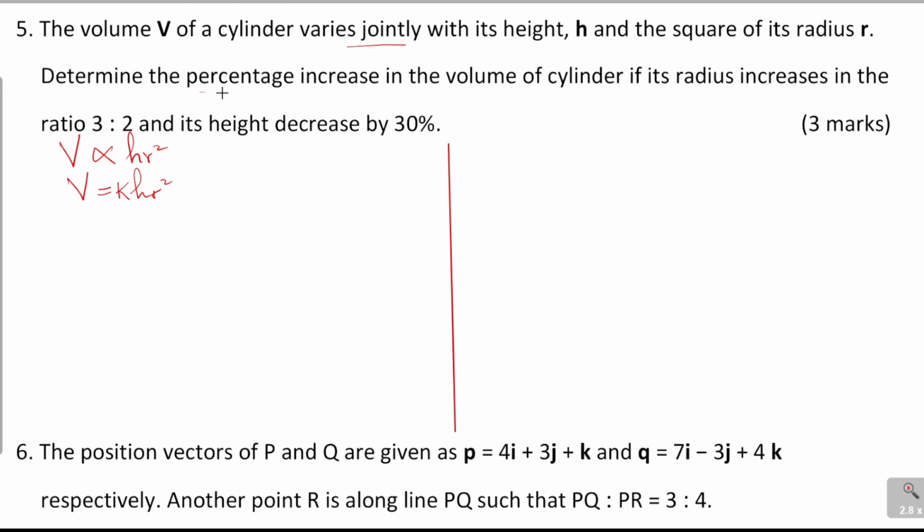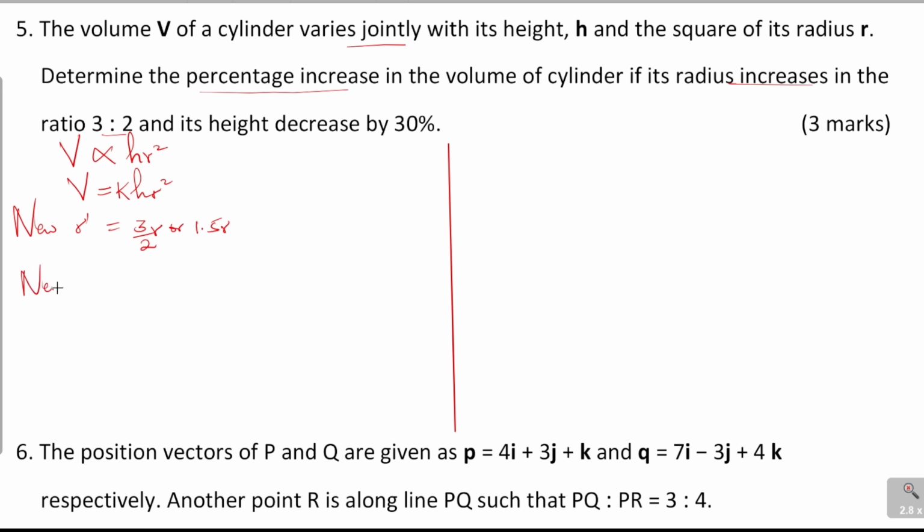You're supposed to determine the percentage increase in the volume if the radius increases in the ratio 3:2. So what will be the new radius? If it increases in the ratio 3:2, the new radius will be 3 over 2 multiplied by the original, 3 over 2 r. Or you can simply write this one as 1.5 r. That will be the new radius.